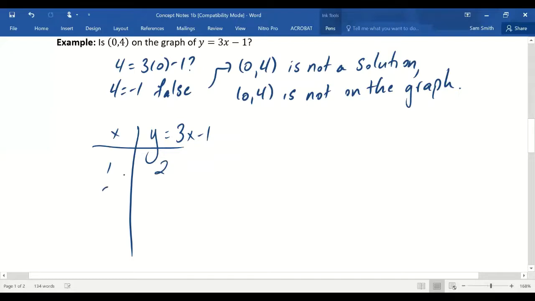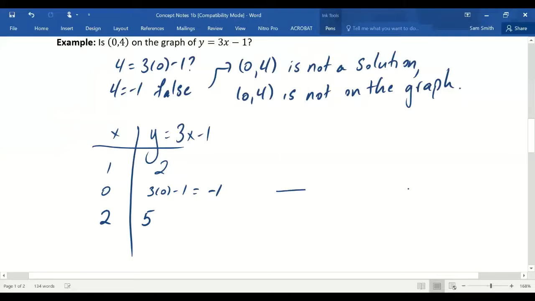If x is 0, then 3 times 0 minus 1 would be -1, and that would be the y value that is associated with this particular x. If x is, say, 2, and I have 3 times 2 minus 1, the y would have to be 5, 6 minus 1.